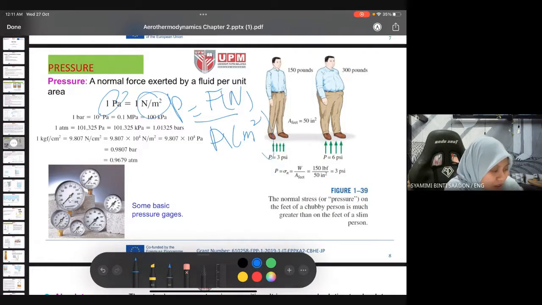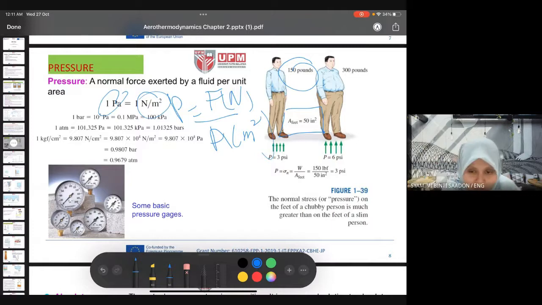For example, we have two men, one at 150 pounds. We assume that the area of their feet is the same, 50 inch square.